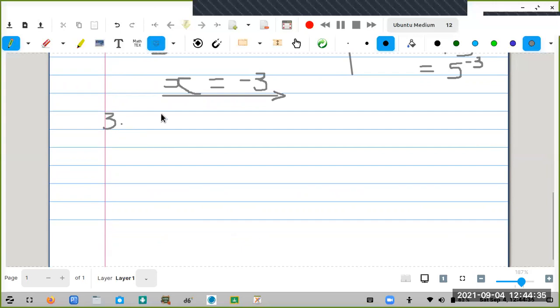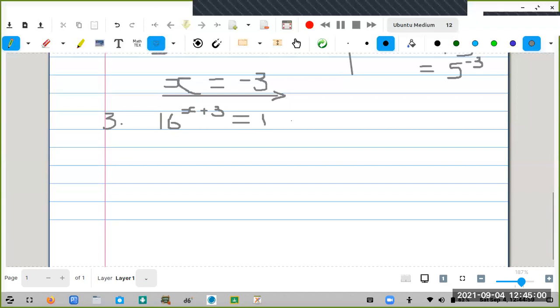So it's 16 exponent x plus 3, which is equal to 128.